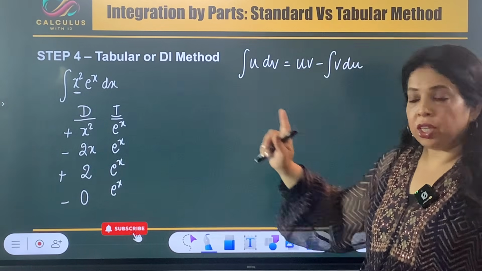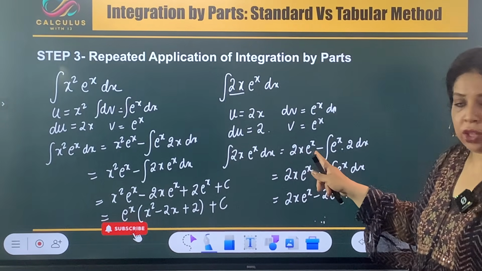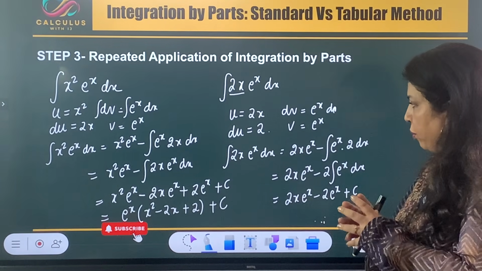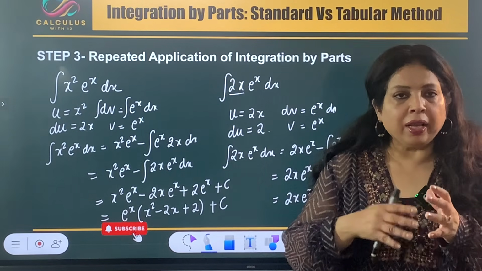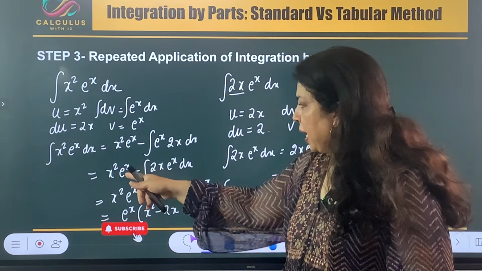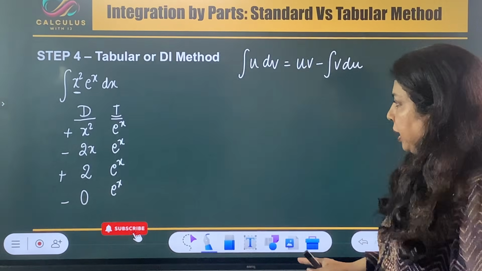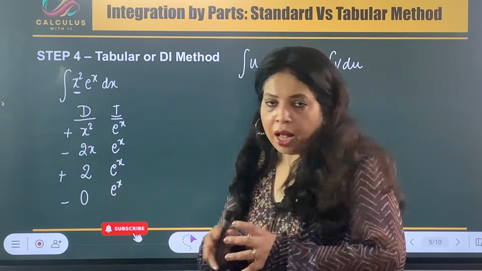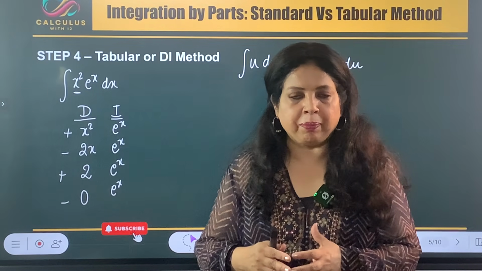So when integration by parts is repeated again, the same structure introduces another subtraction. So when the method is repeated again and again, the sign changes each time. So the tabular method simply keeps track of those signs while organizing the repeated steps.